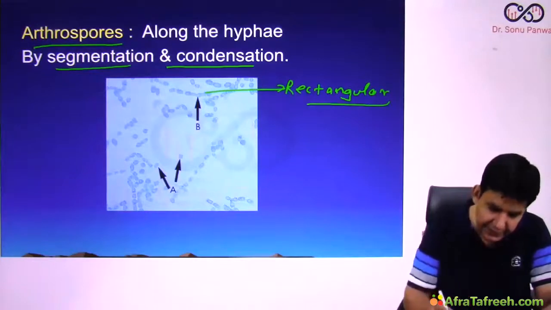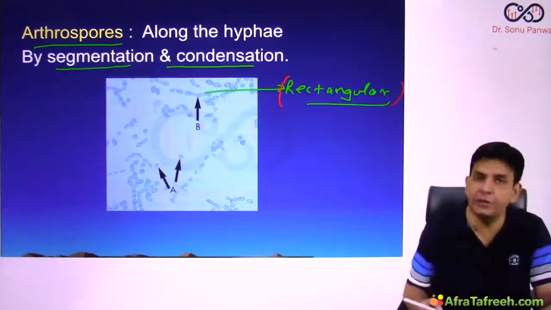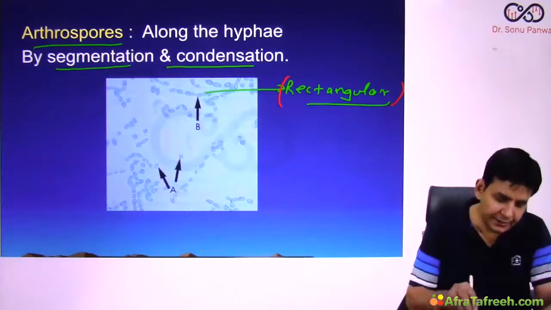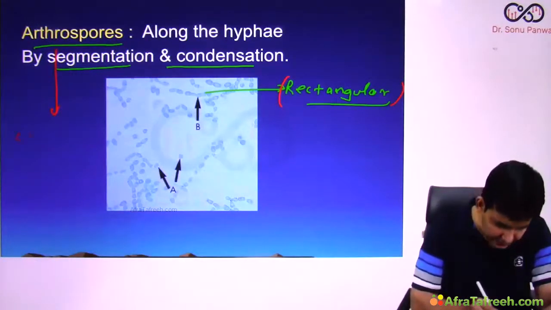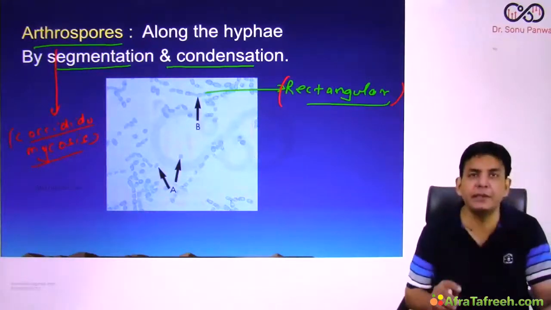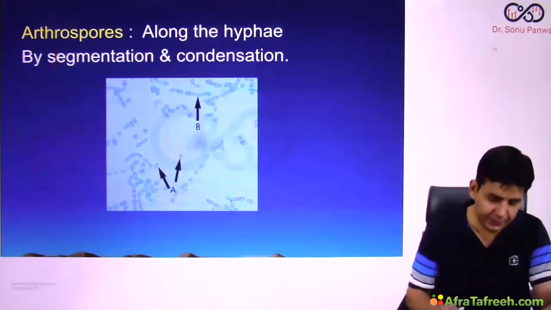So that is what is termed arthrospores. If you want to remember an example, they are present in Coccidioides, the fungus causing coccidioidomycosis. They have the arthrospores.